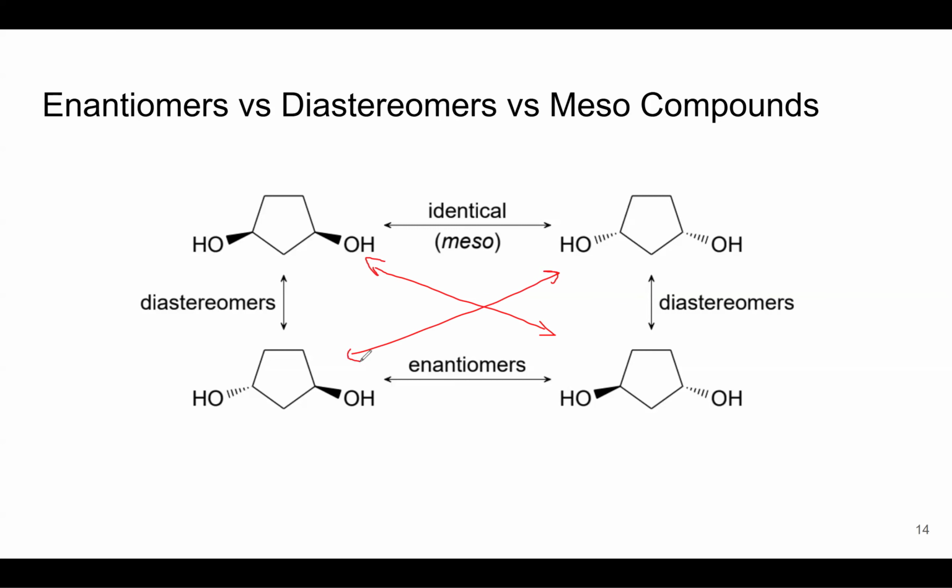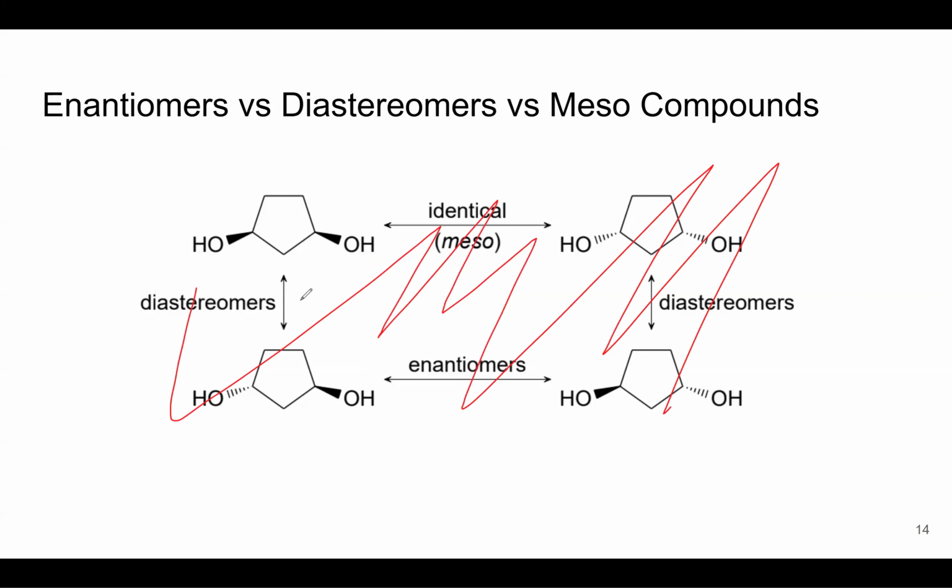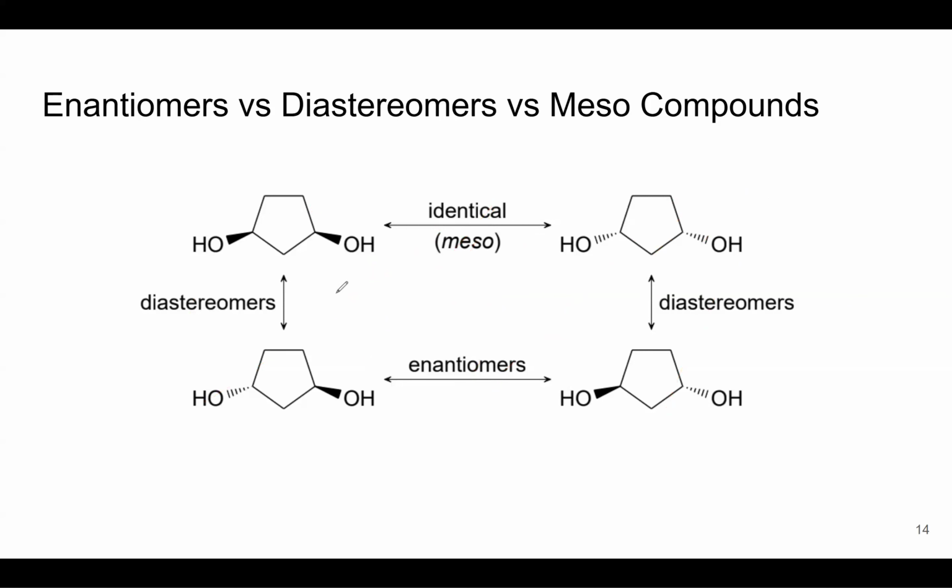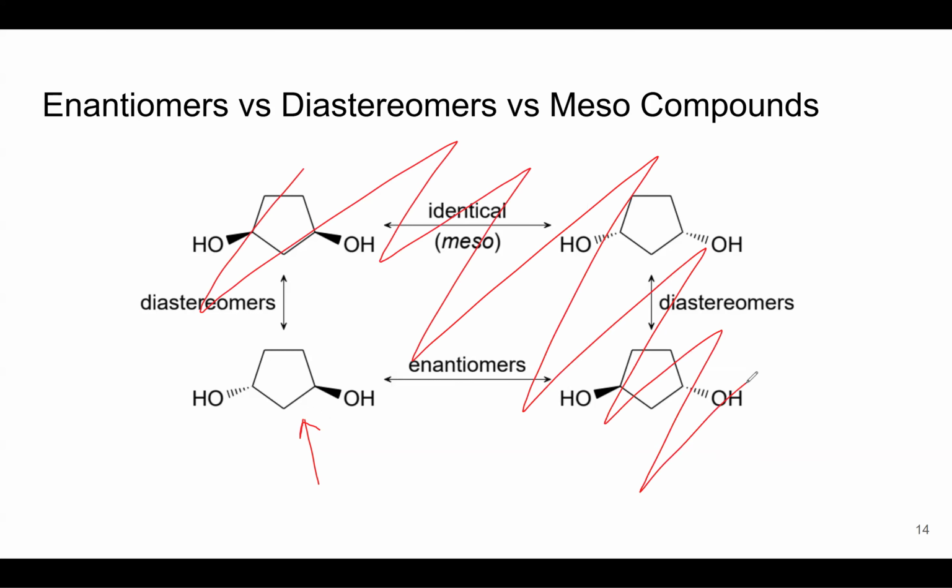When we're saying enantiomers, diastereomers, and meso compounds, we're always talking about a pair of compounds. I mean, meso compound, you can just call one compound a meso compound. Okay, sorry, let me correct myself. Meso compounds, you can just call one molecule. For example, if you aren't given all these, you're just given this one, yes, you can say it's a meso compound. But you can't say that this one on its own is an enantiomer if you aren't given the rest.